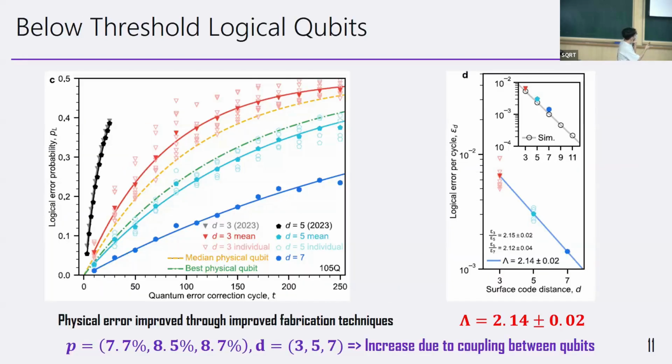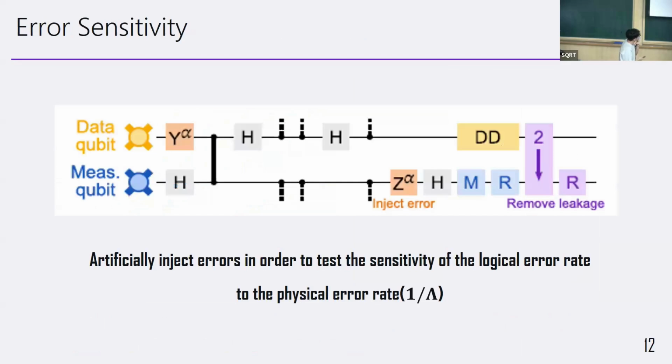So after showing this graph and doing the little victory lap, they also measured how sensitive this is to extra errors. They deliberately increased injected errors into the circuit. So basically, this is your basic surface code circuit, except for the injected errors, see here, through this gate. DD refers to dynamical decoupling.